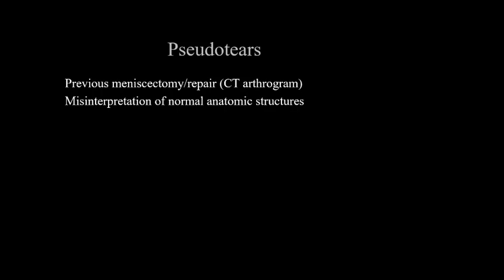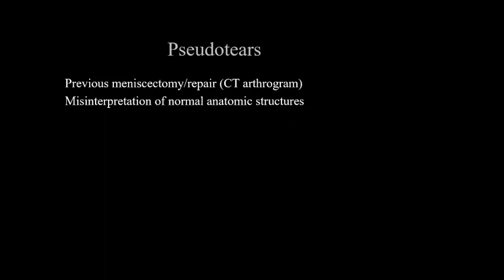If you looked at the meniscus that had been repaired previously and you saw signal changes on MRI, then I would recommend you do CT arthrography. And the reason why you do CT arthrography is because CT does not have the problem of signal change. If there is a tear, then you will see contrast moving into the site of tear in the meniscus.